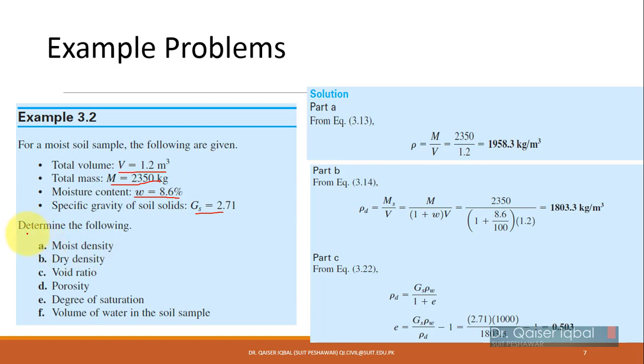So determine the following: moist density, dry density, void ratio, porosity, degree of saturation, and volume of water in the soil sample.